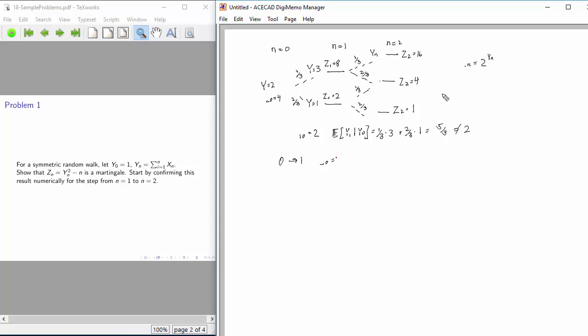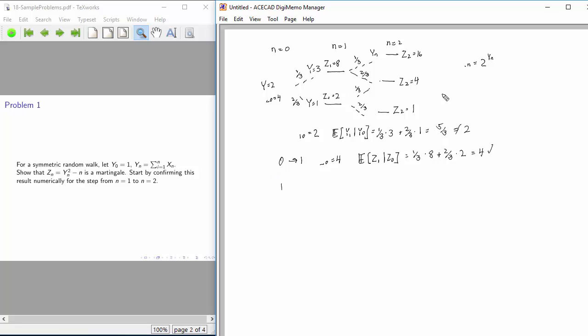We've already figured out that z0 equals 4, and the expectation of z1, I'm conditioning on z0, but z0 is the only possibility, so I'm conditioning on the entire sample space. What do I have? 1/3 for what happens when I go up, plus 2/3 for what happens when I go down. That's 8/3 plus 4/3, which is 4, which is just fine.